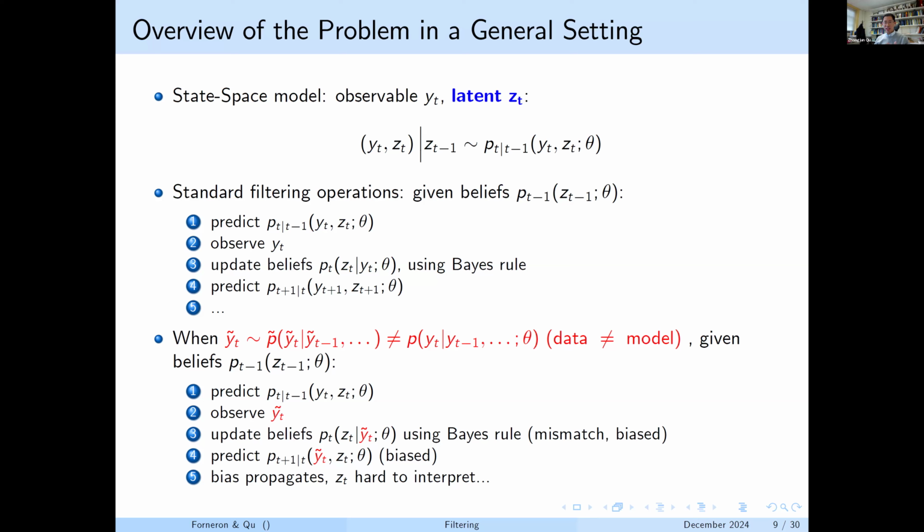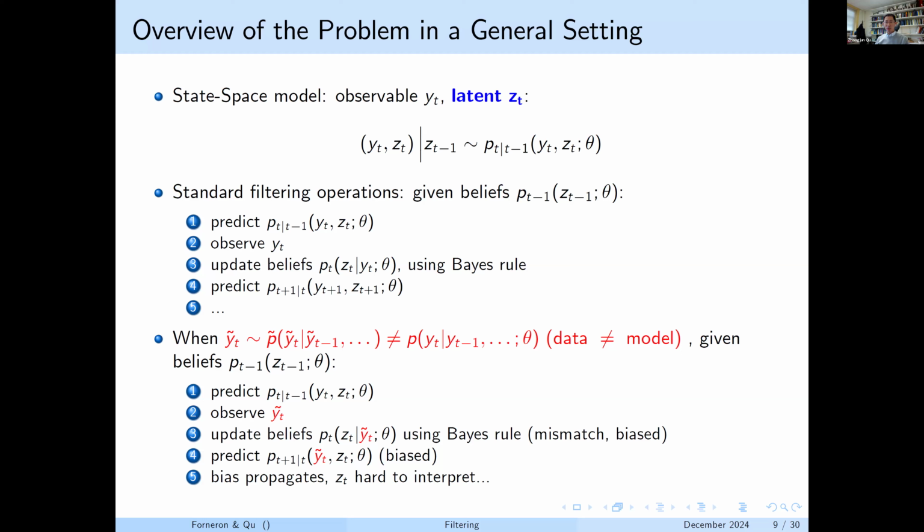It also tells us what can be a solution to the problem. Because the problem is caused by a mismatch, if we can somehow get rid of this mismatch, we will be able to generate filtered state variables that are model consistent.